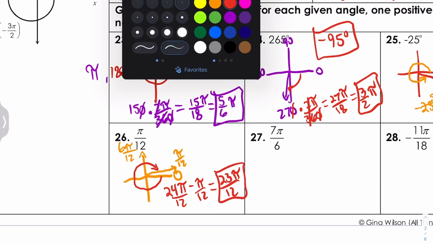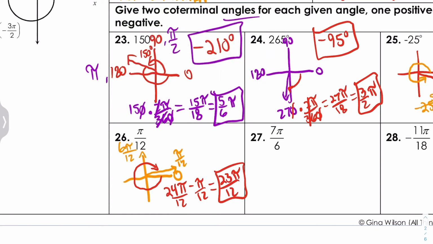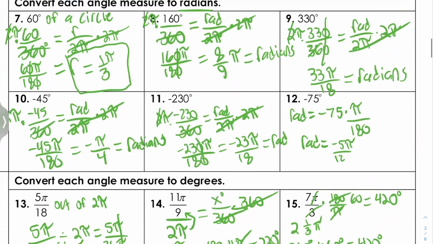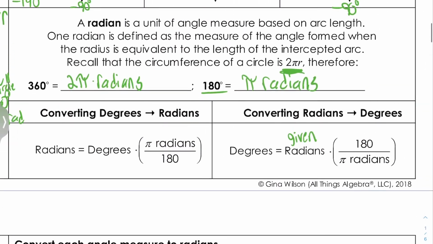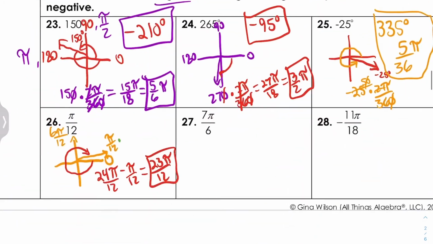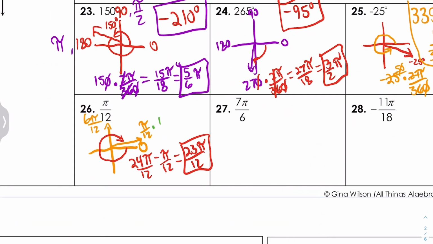To find the other one, let's take this pi over 12 and just convert it to degrees. To convert a radian to a degree, multiply by 180, divide by pi. 180 over pi. Pi's cancel. 12 fits into 180. I feel like we did this one earlier.